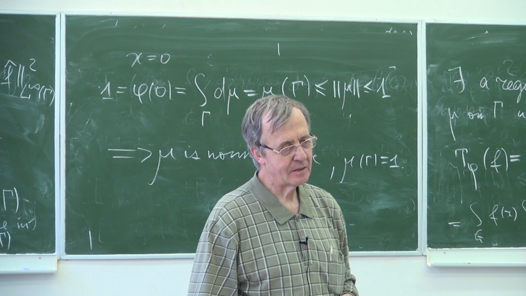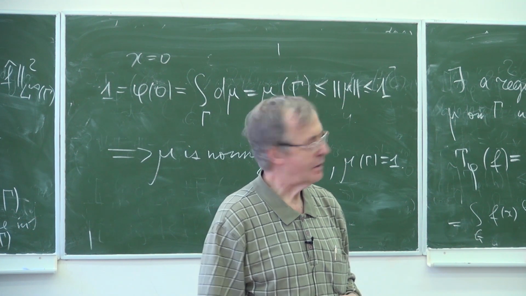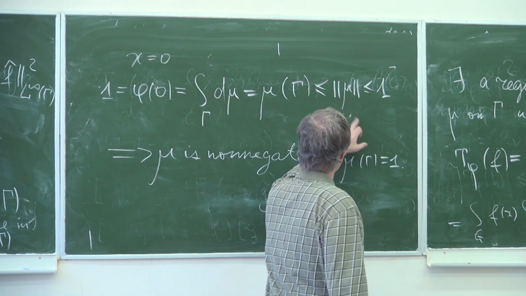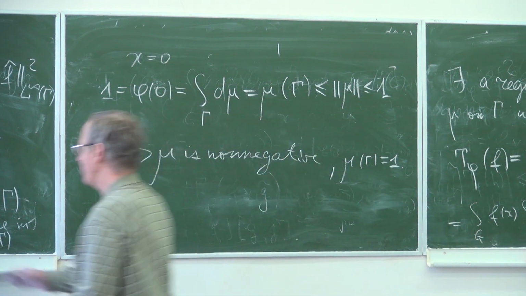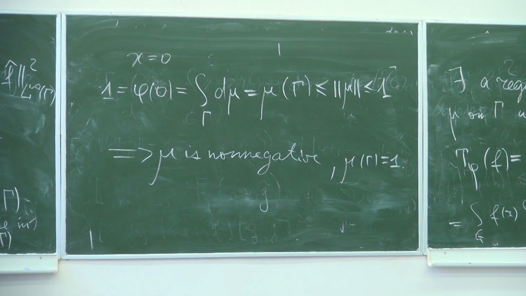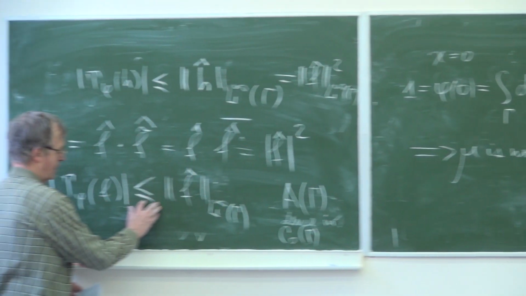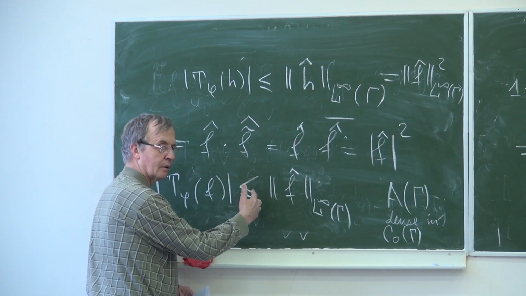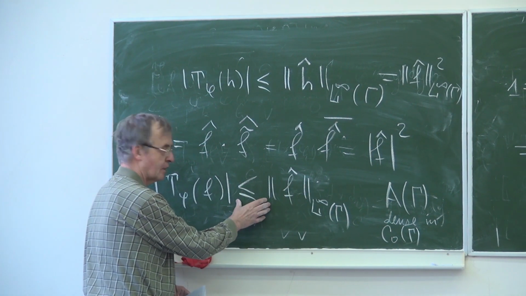Why is mu of gamma less than that? Because of this inequality, the norm of this function is at most 1.